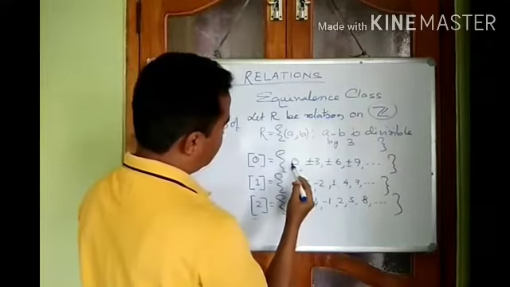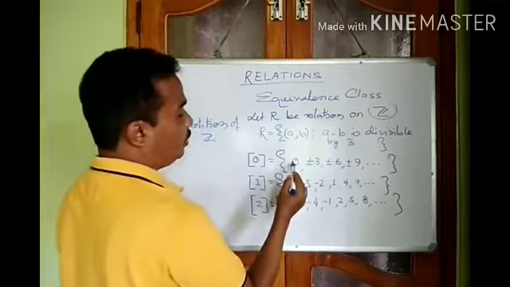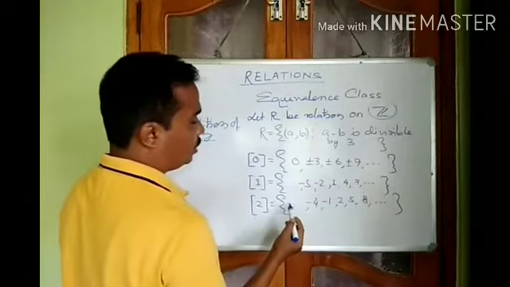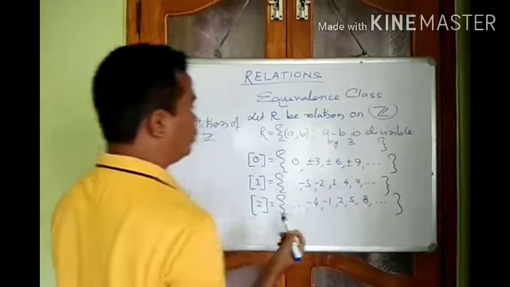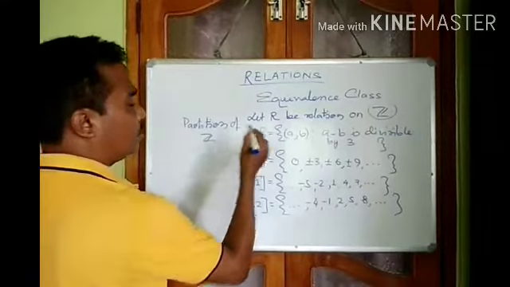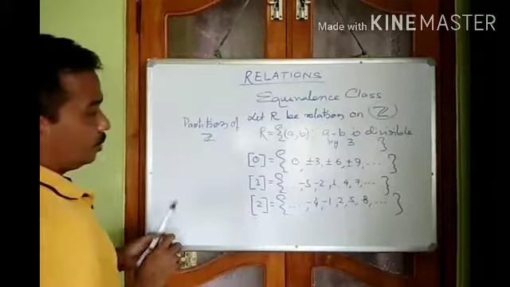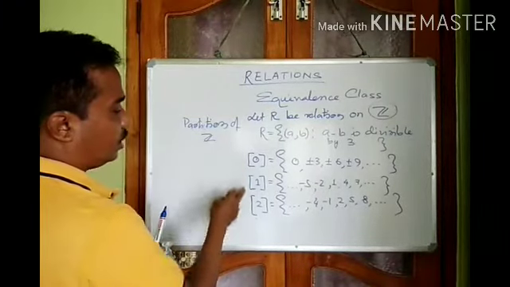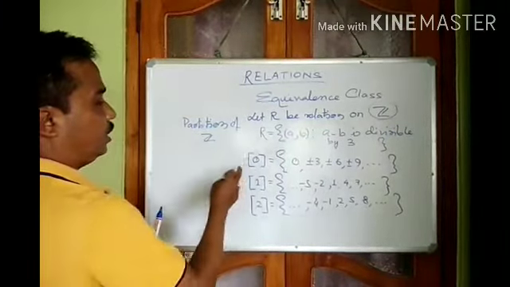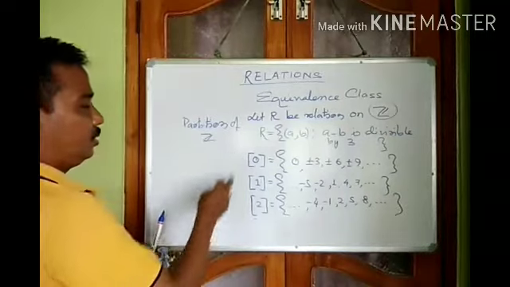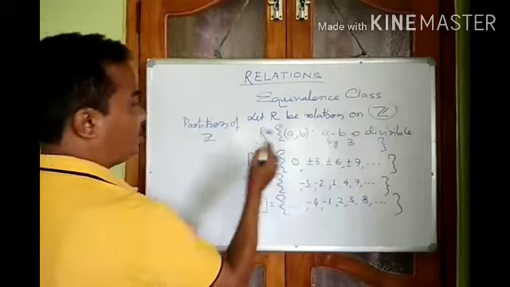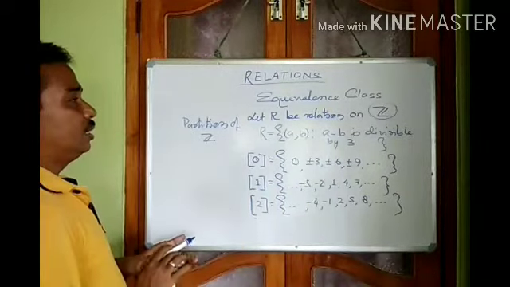Now, these three sets are subsets of Z, and these three sets are called equivalence classes derived from Z due to the equivalence relation R.